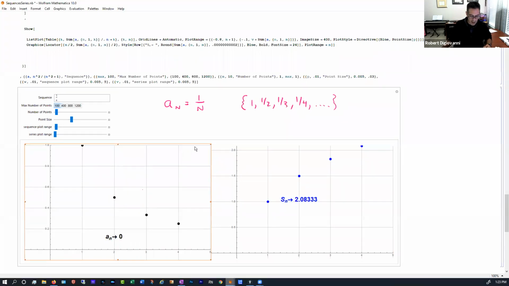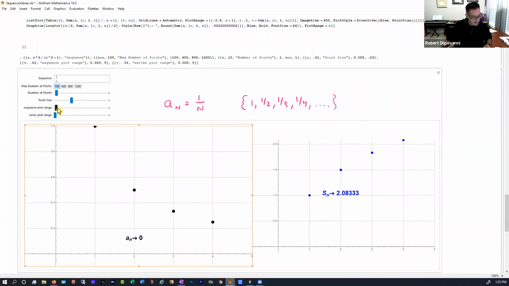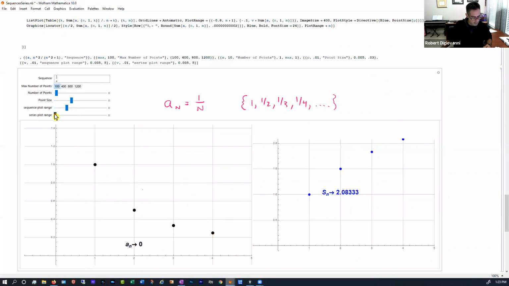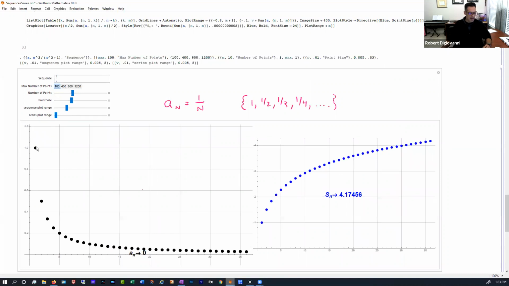Those are the black dots. That's what that 1 over n looks like. You start out, the first number is 1, the next one is 1/2, the next one is 1/3, 1/4, 1/5, 1/6, 1/7, right?